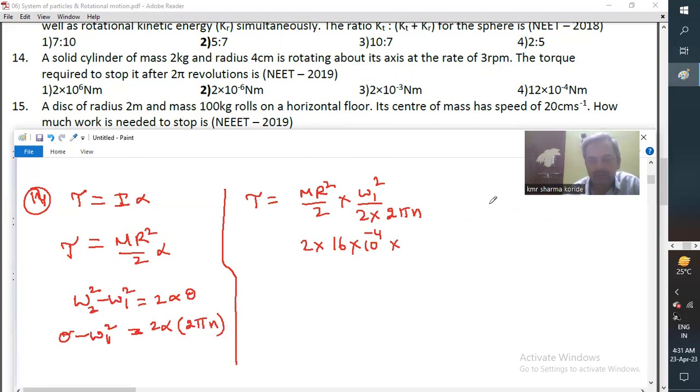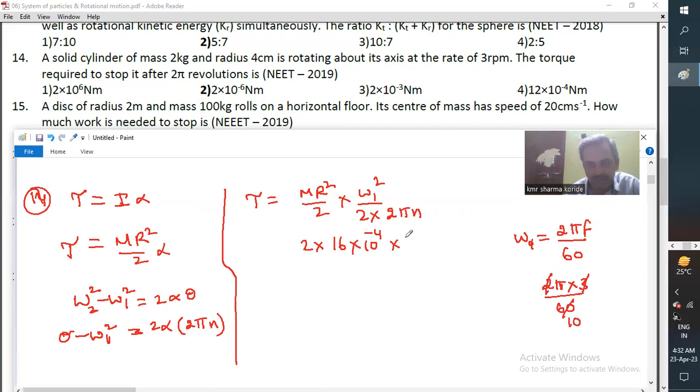Then this is 3 rpm given. Remember, in general when revolutions per minute is given, this is how to find omega: 2 pi f, this is for 1 second calculation, but they mentioned minute, so divide by 60. So omega 1 can be written as 2 pi into 3 divided by 60.